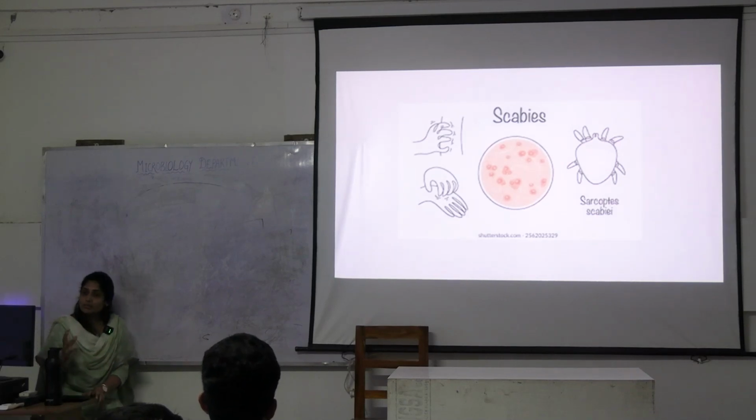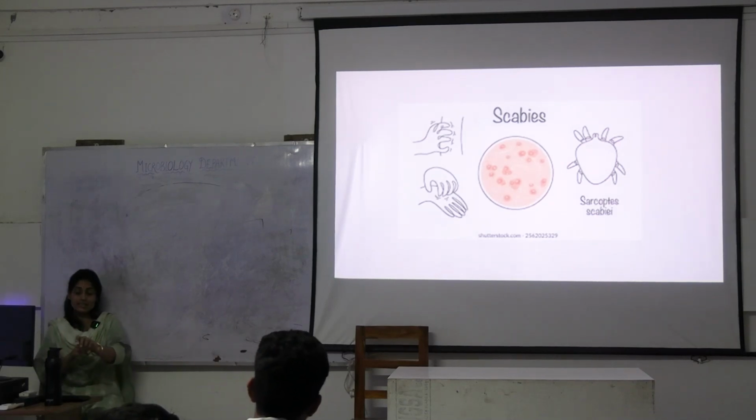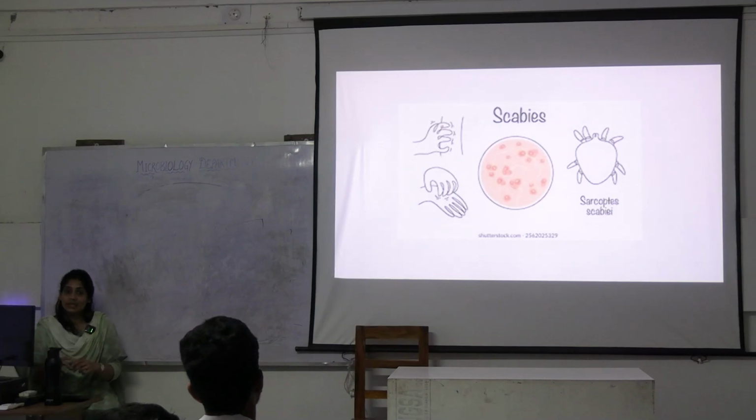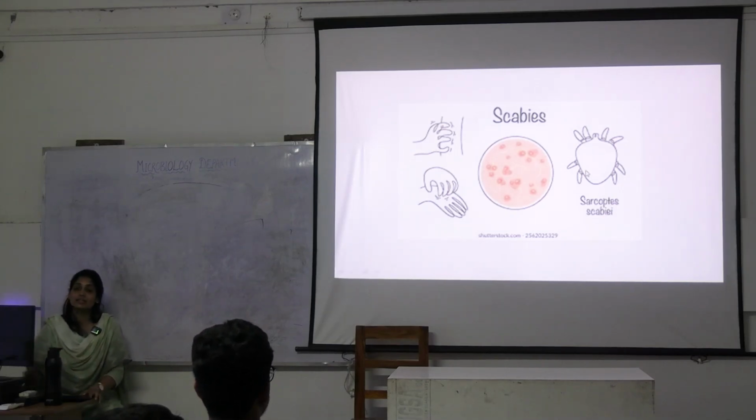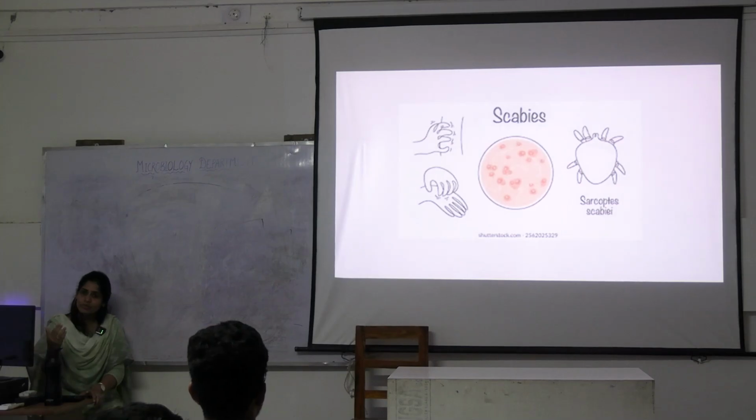So when the patient comes to you, you will see that there are scratches on his arms and legs, and wherever this mite resides, in the areas under the skin folds, right? What are the skin folds? Here, below the breasts, in the perineal region. So there you will see the intense abrasions from the patient's own nails.